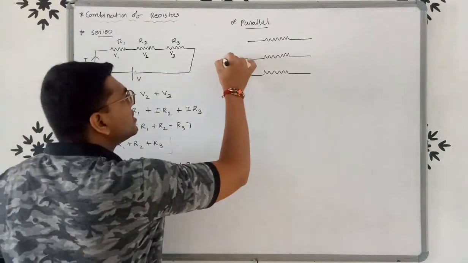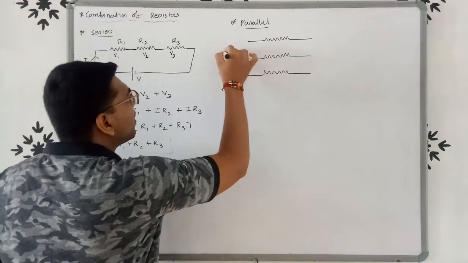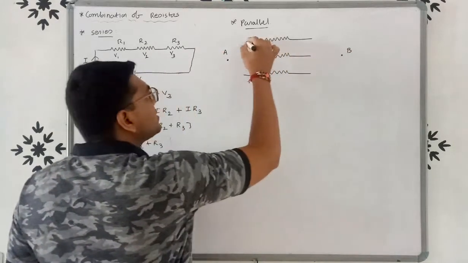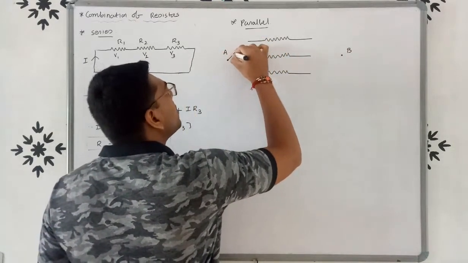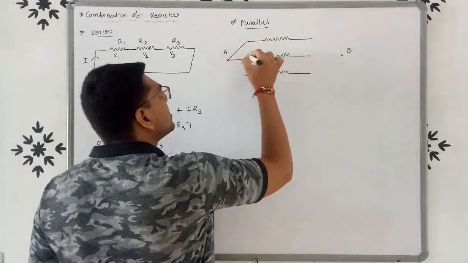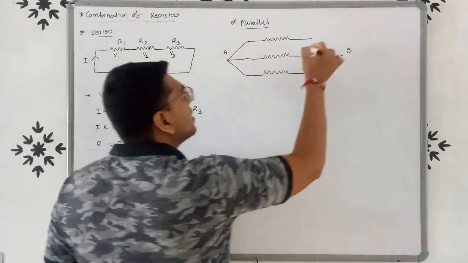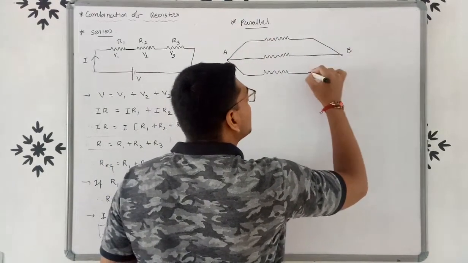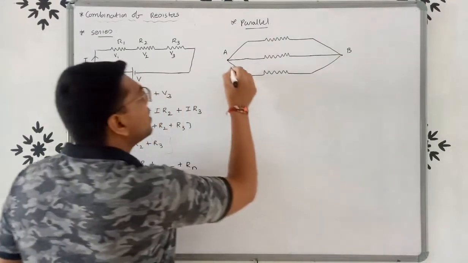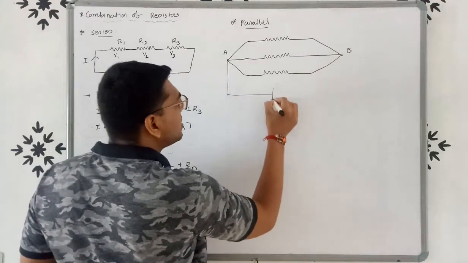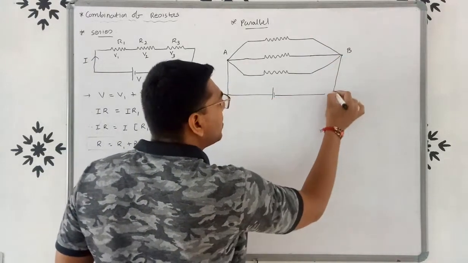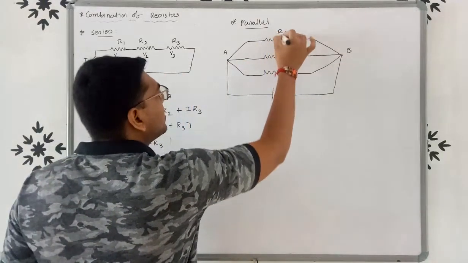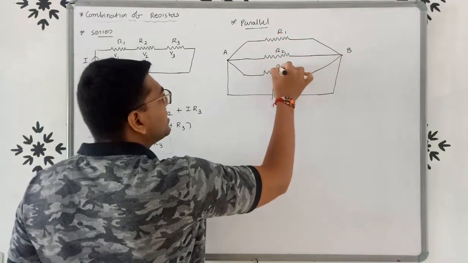Here this is point A and this is point B. One side of the resistor is connected to A like this, and the other side of the resistor is connected to B like this. Now here this is the battery having potential V. This is resistor R1, this is R2 and this is R3.